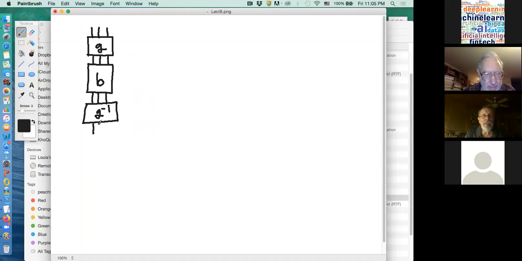So this is G B G inverse. But what happens when I take the closure of G B G inverse? I'd better not use bar for inverse, since I'm using it for closure. I'll try to be careful about that if it comes up again.